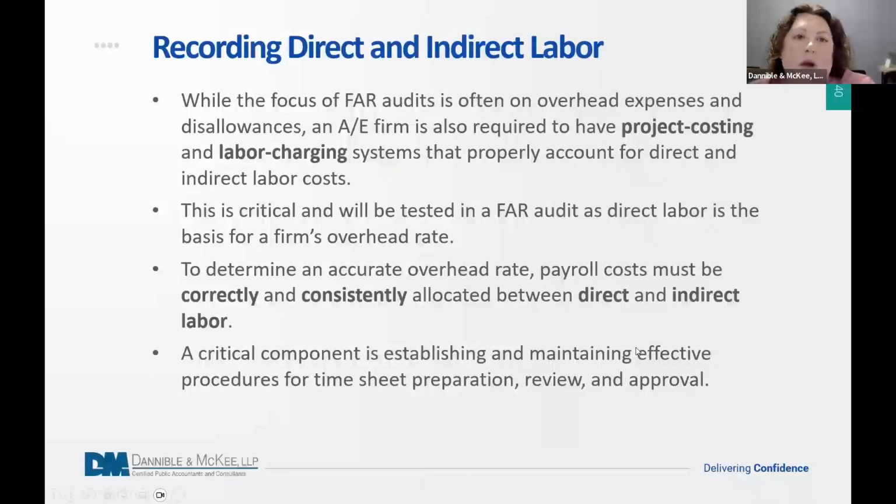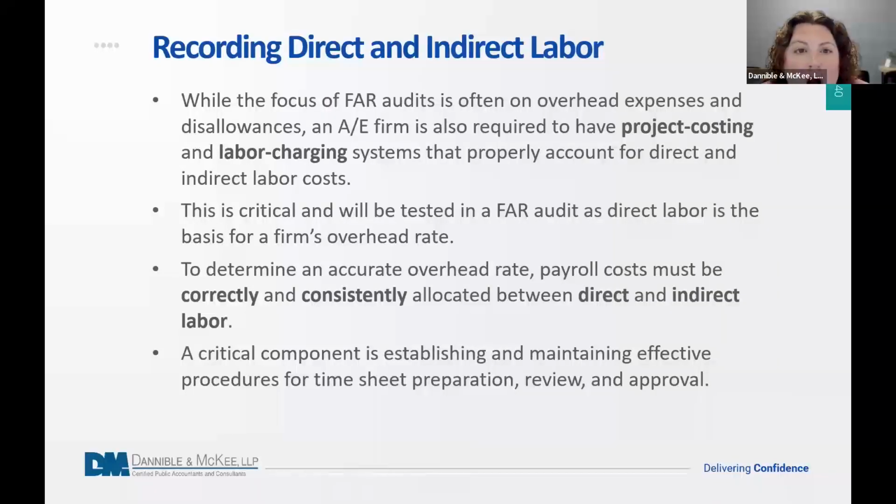All right, so something that we should talk about is direct and indirect labor. So when we are looking at indirect and direct labor, this is something that you have to have recorded correctly in order to get a proper FAR overhead rate performed.